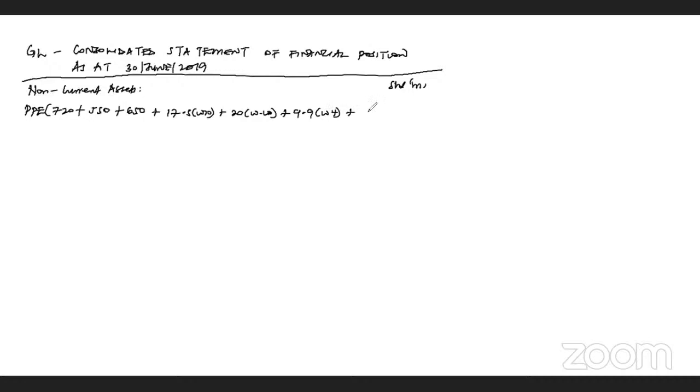Then you have to add the fair value 16.3. If this was on working 5, the property that was revalued. Then you have to minus the depreciation on the alterations, that is working 4.